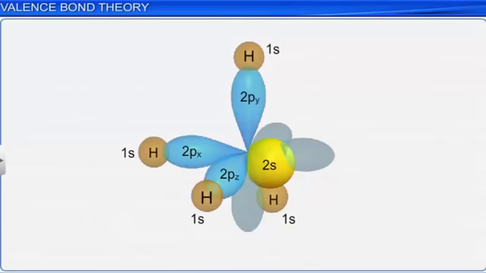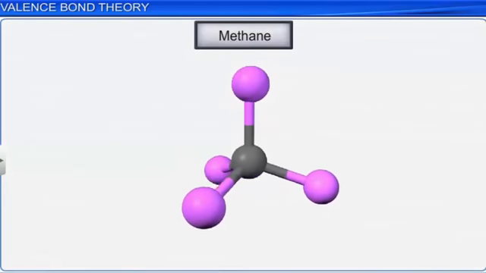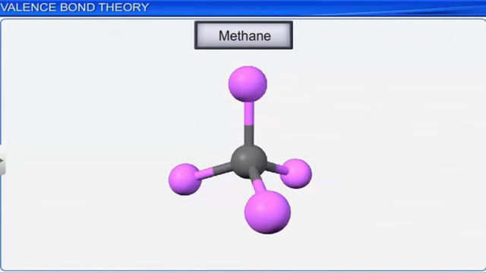The 2s and 1s orbitals of carbon and hydrogen can overlap in any direction, since they are spherically symmetrical. Thus, the direction of the fourth bond cannot be ascertained. This means that all the four C-H bonds in methane are not identical. But experimentally it is observed that all the four bonds are exactly identical in all aspects and are oriented at a bond angle of 109.5 degrees.